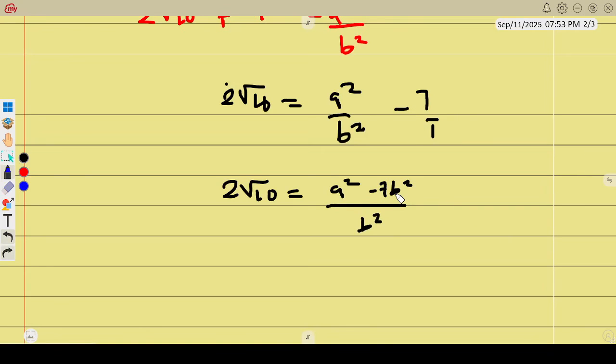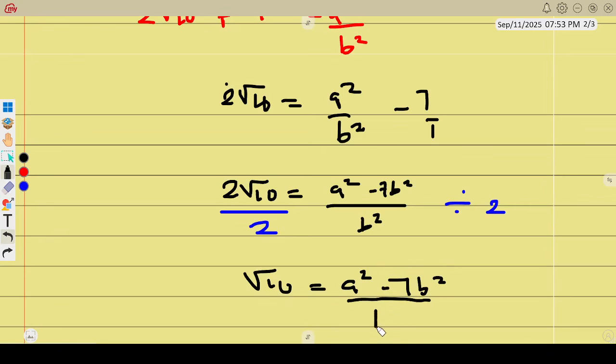Yeah, and then from here we can also get rid of the 2 here. We can say, okay, let's divide by 2. We divide by 2 both sides. So we'll end up with square root of 10 is equal to a squared minus 7b squared over b squared.